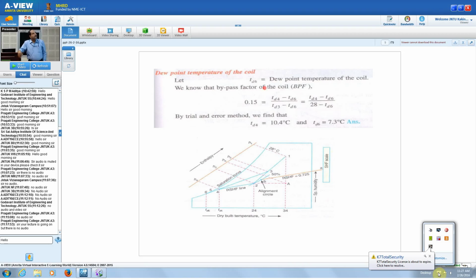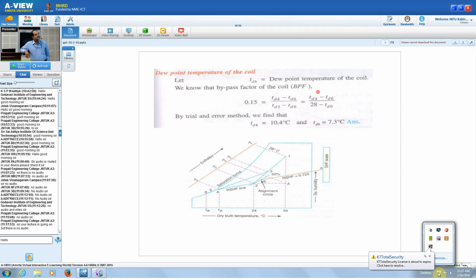Therefore, for the line, that is TD6, where TD is the dew point temperature, of the coil, we know the bypass factor of the coil is given. The formula is (TD4 minus TD6) divided by (TD3 minus TD6). In this formula, we know the value TD3, right?